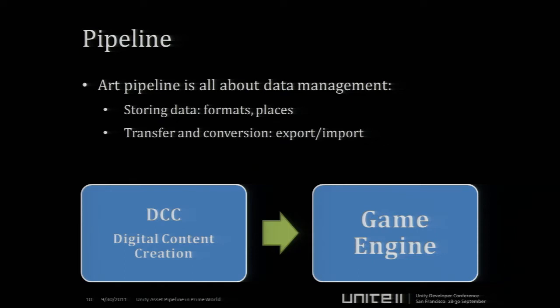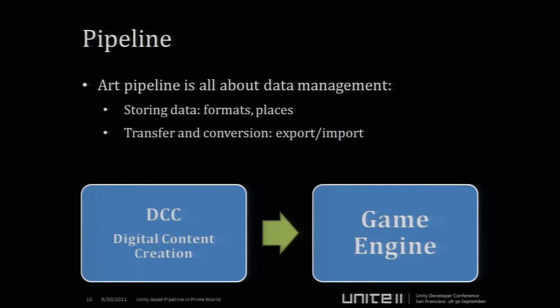We have some digital content creation tool. It can be Maya, Max, XSI, it doesn't matter. So this is like the initial start position for us. On the other hand, we have a game engine. It can be Unity or any other engine. Nobody cares. The whole pipeline is just this simple green arrow right in between.